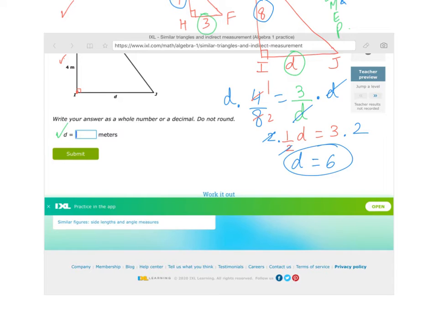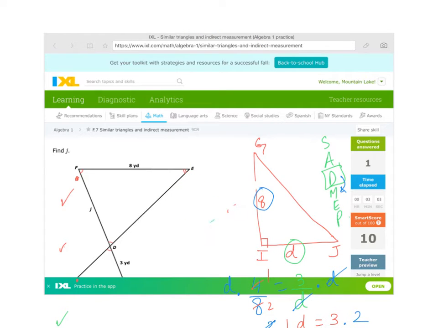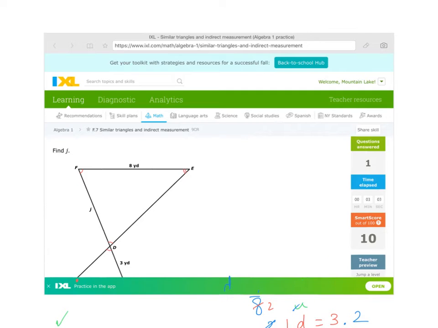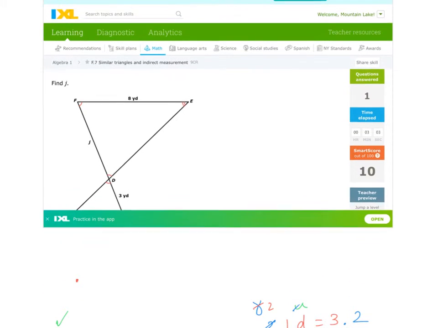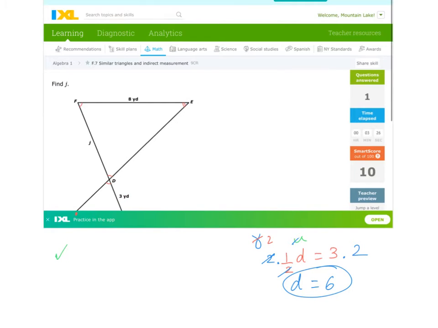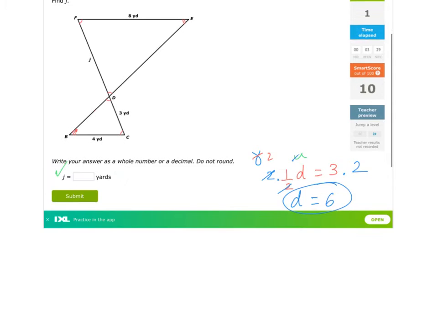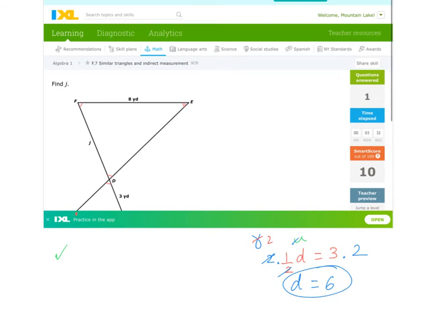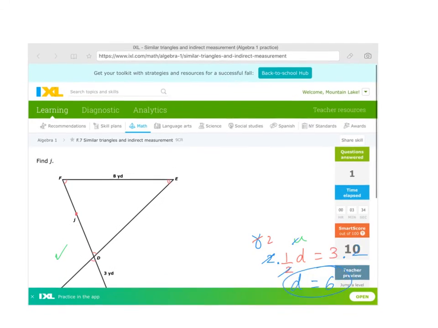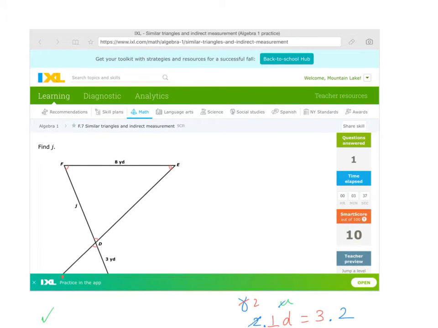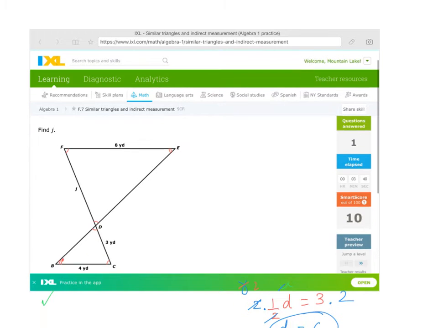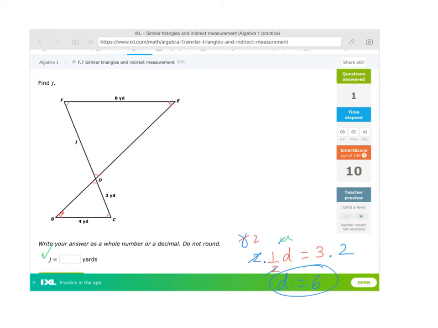Let's try this one. Let's look at this shape. How to obtain corresponding sides? One easy way is to look at the angle and the side opposite it. So if I look at this diagram, we have some angles that are marked.